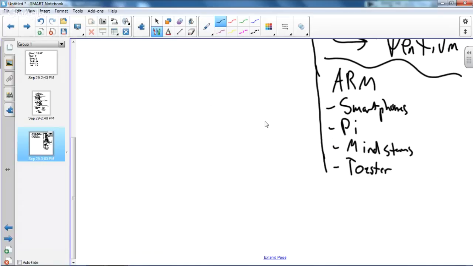So how did ARM get a market niche? ARM specialized in coming up with a machine instruction architecture with relatively low power consumption. Let's think about some of the implications of this.